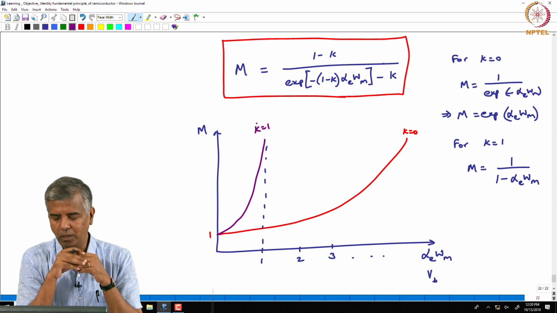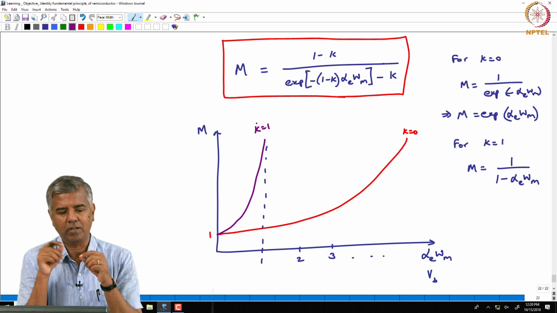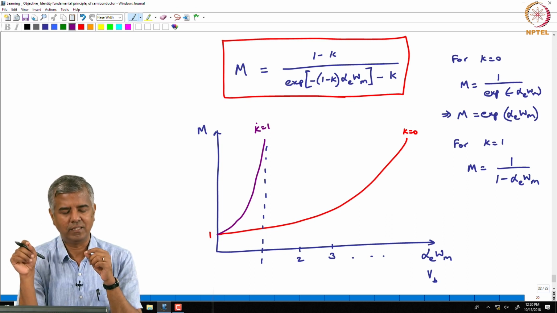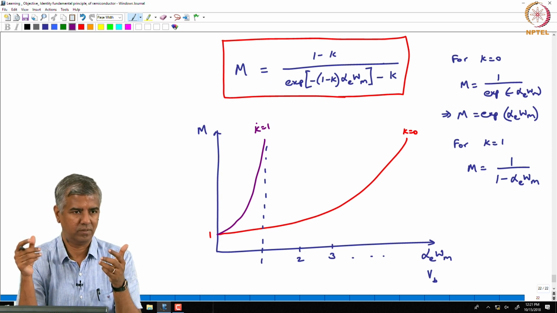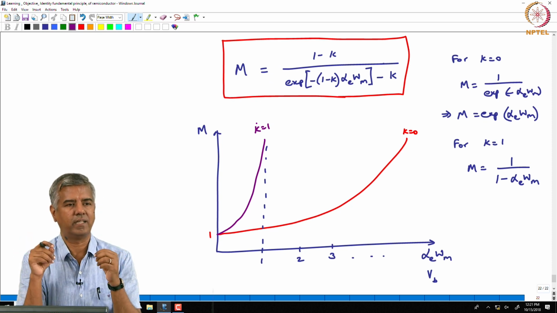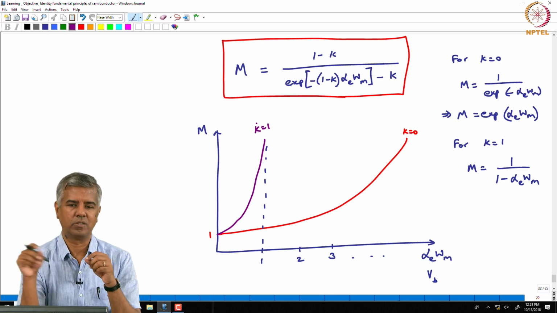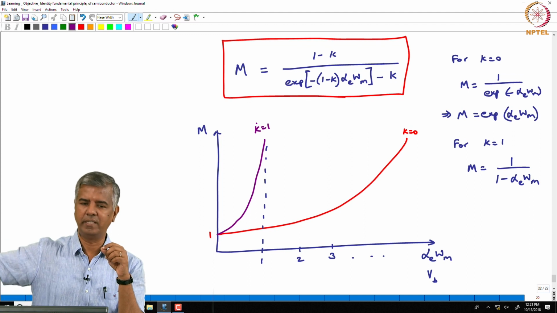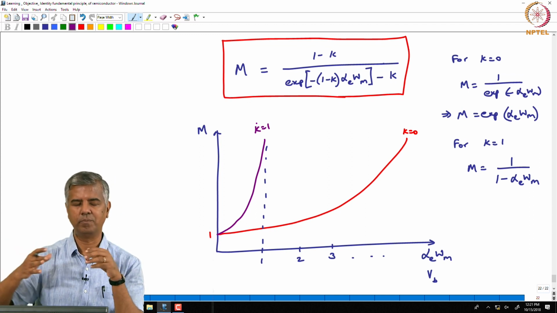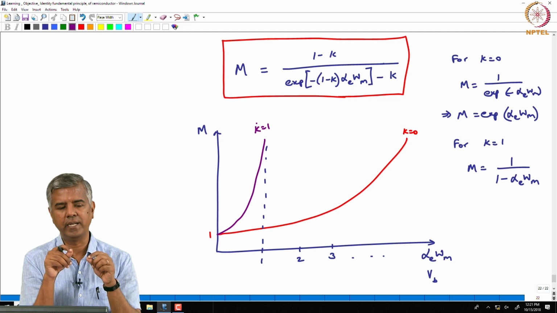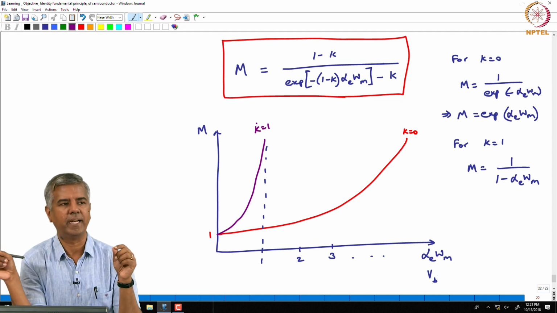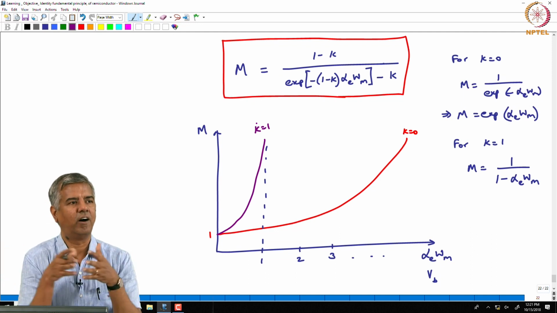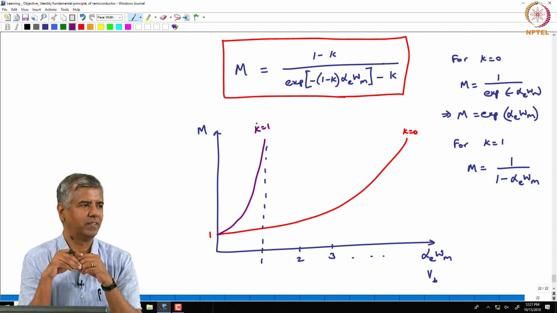But the problem is, every time we talk about creating an avalanche, we are talking about a statistical process. It is not like one electron is going to hit this atom and then that is going to hit another atom and that is going to hit another atom. So, for one electron m equal to 10, it is not always m equal to 10.